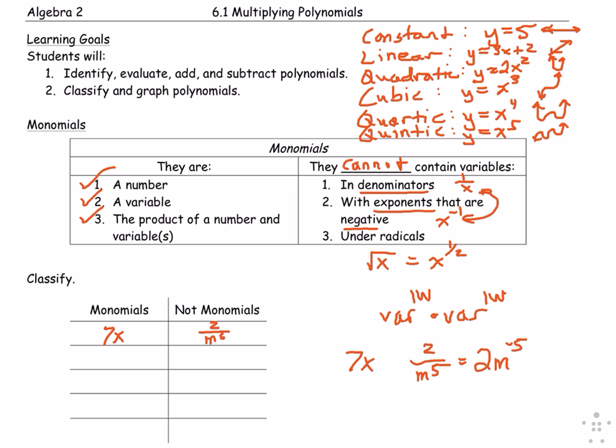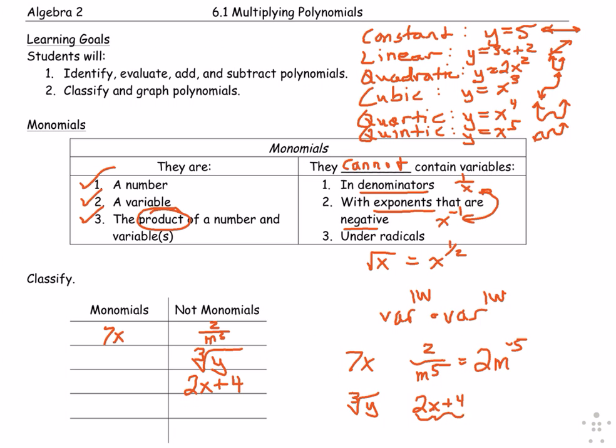Let's take a look at the cube root of y. That's not a monomial because we have a variable as a radicand. You cannot have a variable underneath a radical. 2x plus 4. It's not a monomial because it is the sum of monomials, and the only operation that's allowed is multiplication.